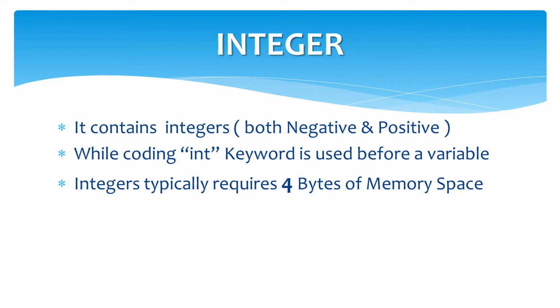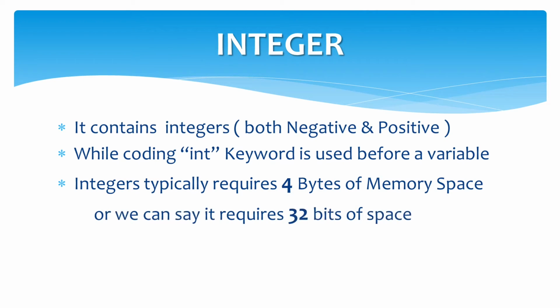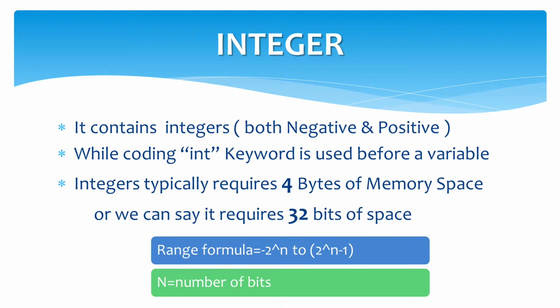Integers typically require 4 bytes of memory space, and 4 bytes means 32 bits, because 1 byte equals 8 bits, so 4 bytes will equal 8 times 4, 32 bits. There's a particular formula for the range of this integer. The range is minus 2 to the power n to 2 to the power n minus 1, where n is the number of bits.